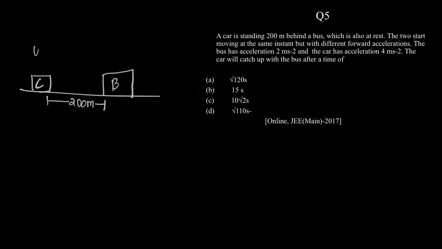Let us say the car has initial velocity UC with acceleration AC, and the bus has initial velocity UB with acceleration AB. Both are moving in a straight direction and both accelerations are in the forward direction, so let us take them to be positive. What is the concept of relative motion?